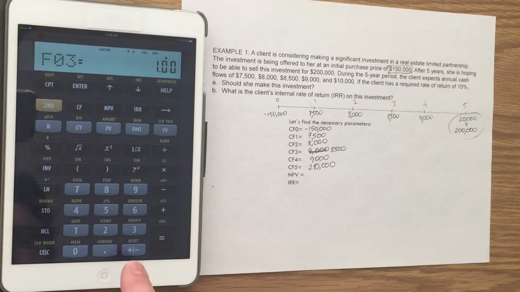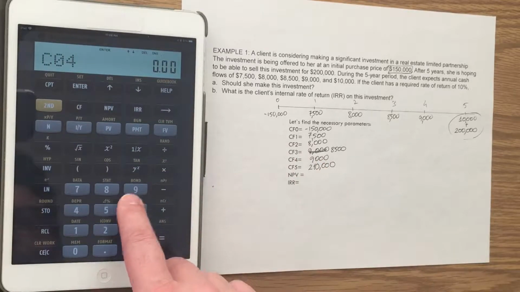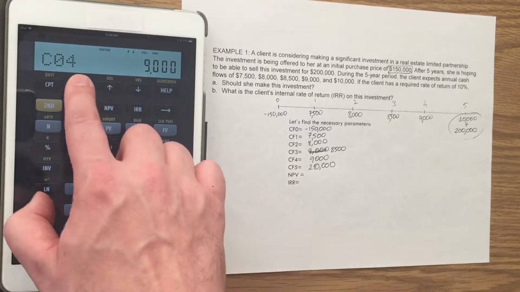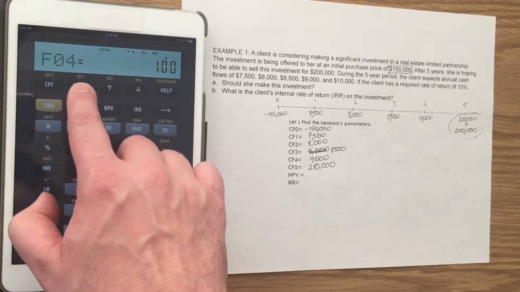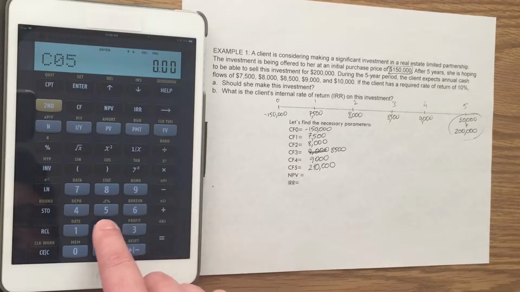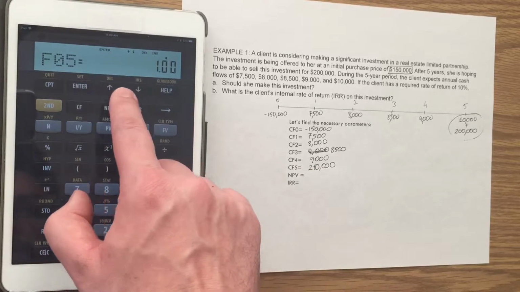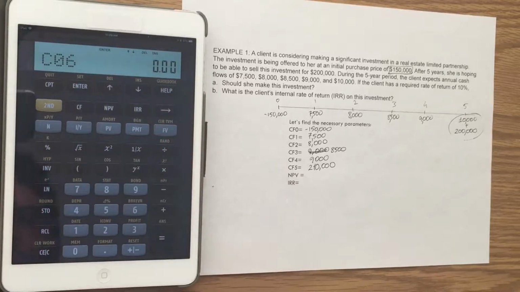Frequency is 1 again, so enter down. The fourth cash flow is $9,000. Enter down. Frequency is 1. Enter down. So the last payment, the fifth cash flow, $210,000. Enter down, and frequency needs to be 1. Enter down. So we are done.